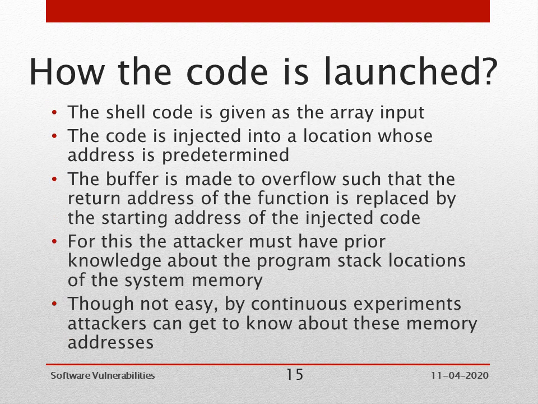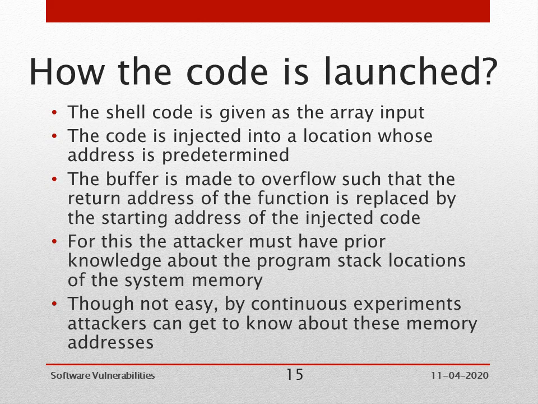How is the shell code launched? The shell code designed by the attacker is given as the array input. The code is injected into a location whose address has been deduced by the attacker.